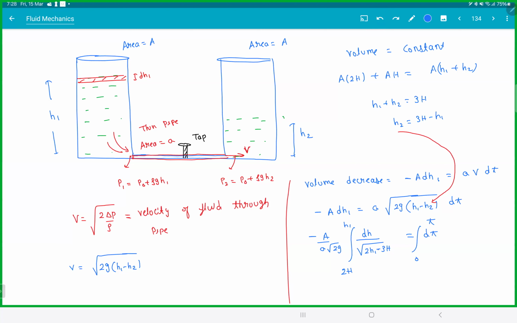Clear with this? You're getting how we can play with this velocity of efflux? So in fluid dynamics, this velocity of efflux is the main thing. After this, we have another 3 things, but it's all theoretical. So let's see them. Clear? Next one.